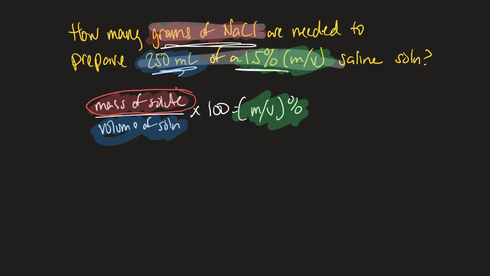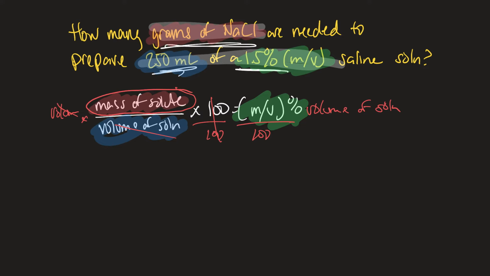I'm going to rearrange this equation so I can solve for it accordingly. The first thing I'm going to do is divide out the 100. Then I'm going to multiply out this volume of solution. Let's rewrite this.